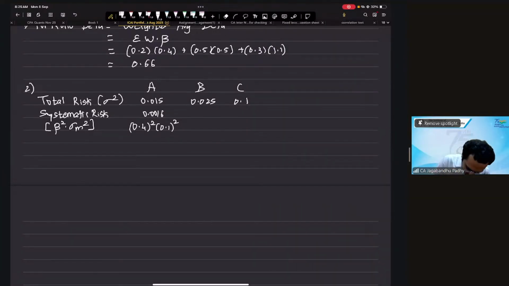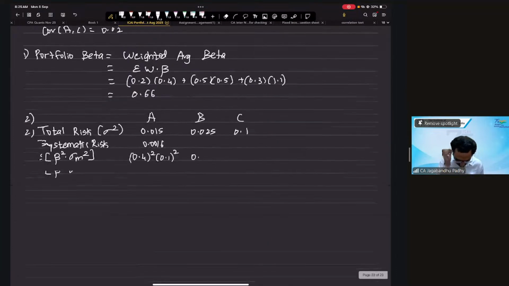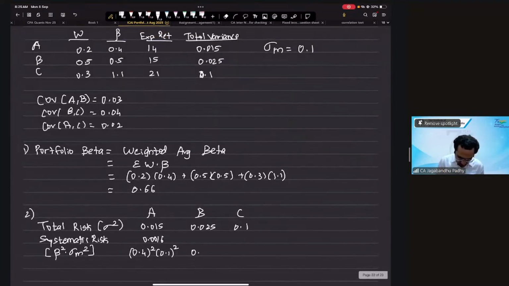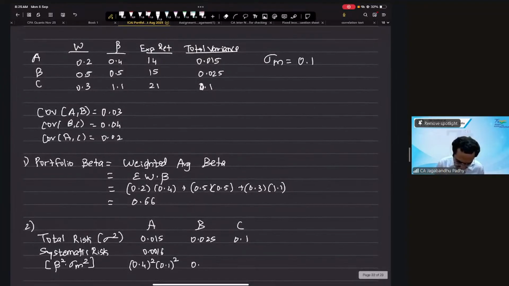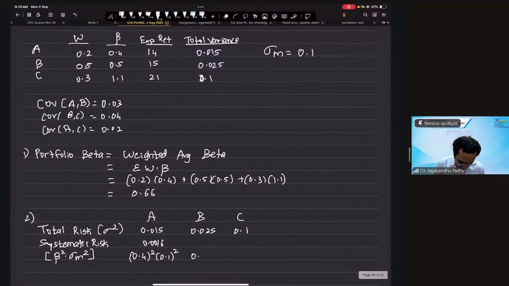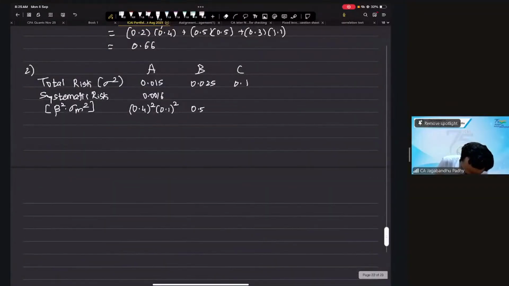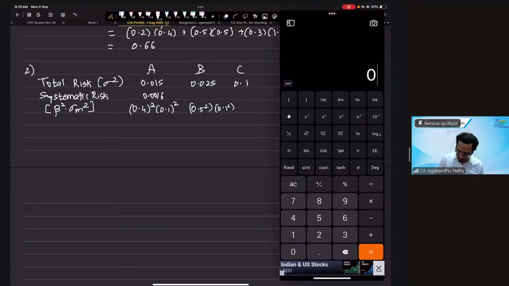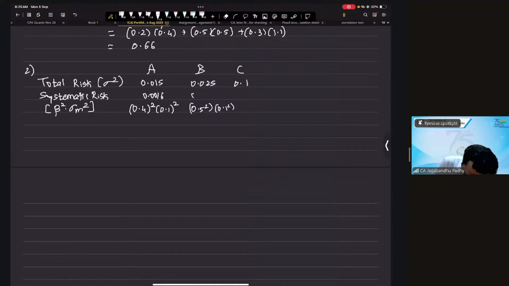Okay. Then what is the systematic risk for B? It is going to be 0.5 square into 0.1 square. So 0.5 square into 0.1 into 0.1, which is 0.0025.